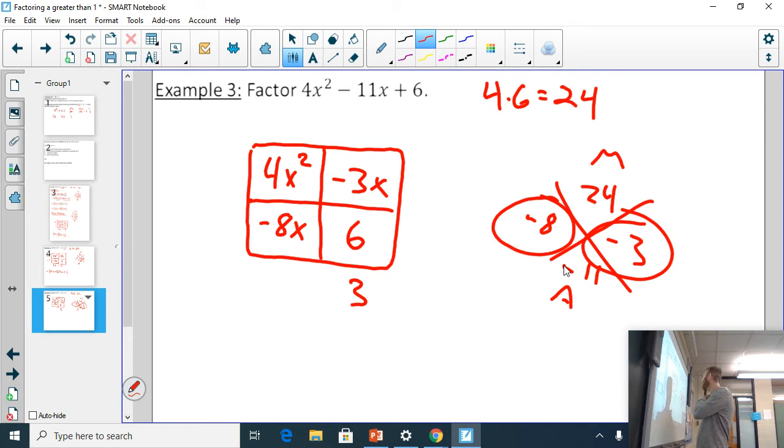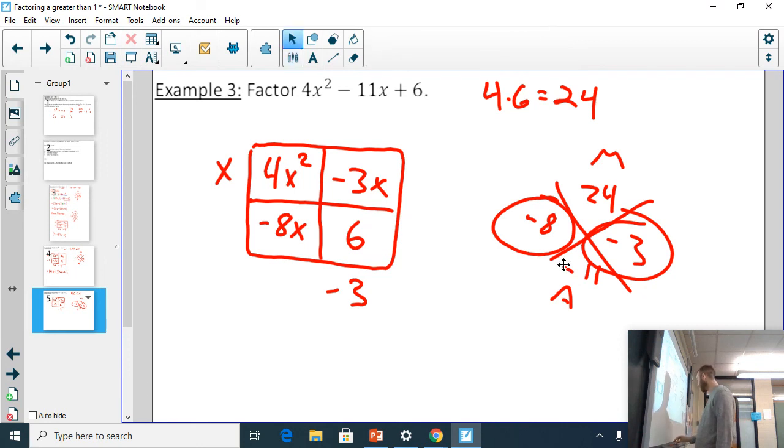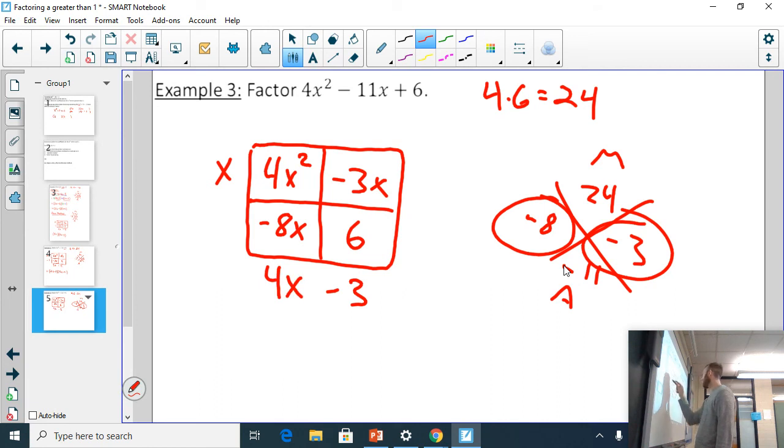But if I did that, then I would need, maybe it's a minus 3, so then I could do a positive x up here. But if I do a positive x there, then I'm going to need a 4x down here. And then I would need a negative 2 there.